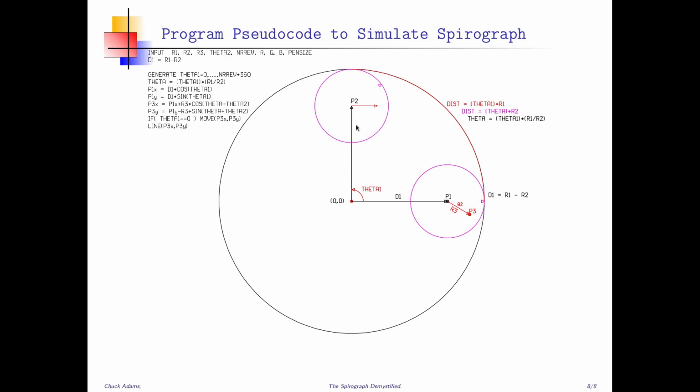To draw a figure, you need to go around several revolutions, because if I start here and I go all the way around and draw the first part of the figure, when I get back to here, unless there's some miracle occurring, P3, the pin, will not wind up at this point where it started. It'll be off somewhere else.